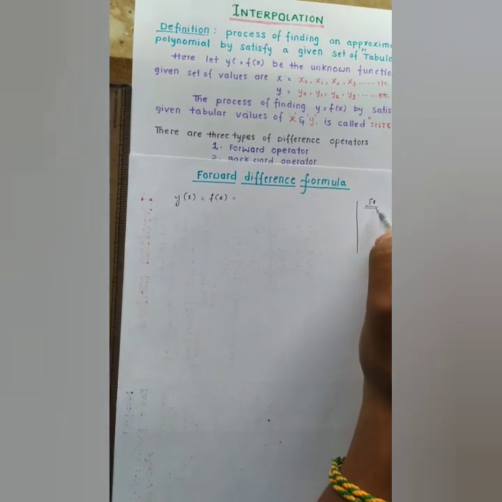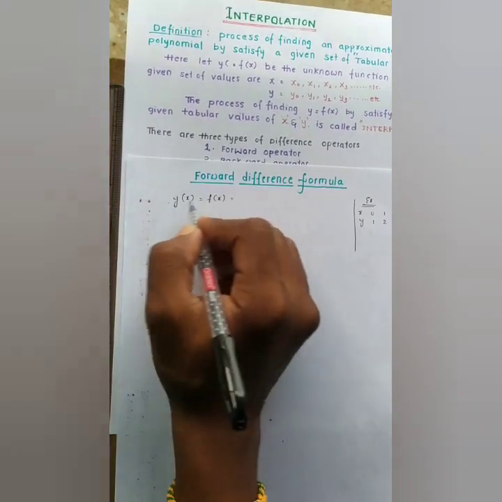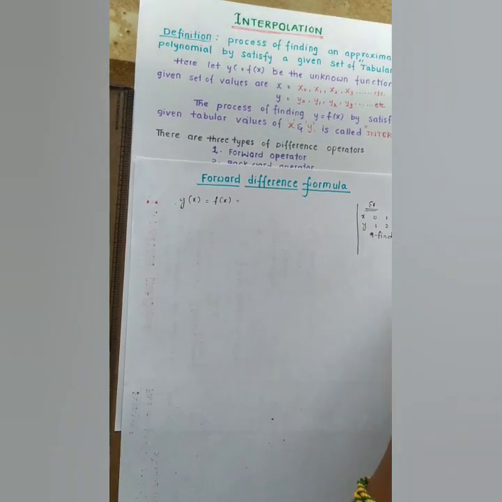The values of x are 0, 1, 2, 3, and the values of y are 1, 2, 3, 4.